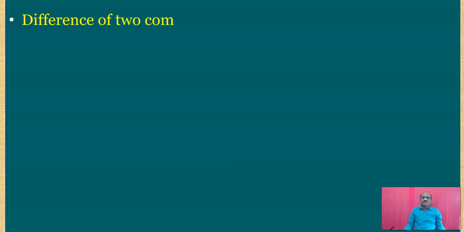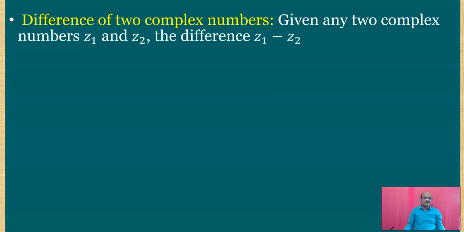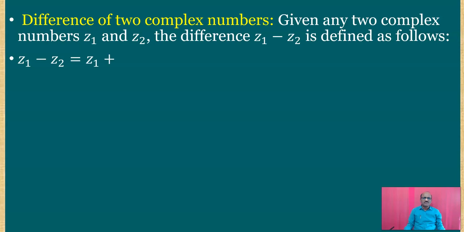Now the difference of two complex numbers. Given any two complex numbers z1 and z2, the difference z1 minus z2 is defined as follows: z1 minus z2 is equal to z1 plus (minus z2).